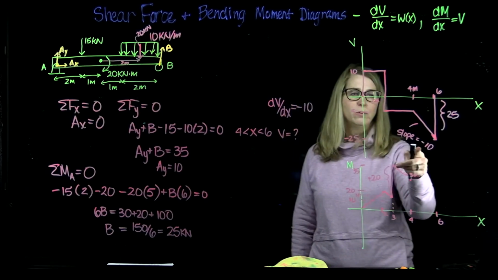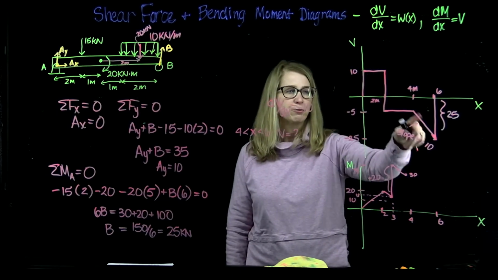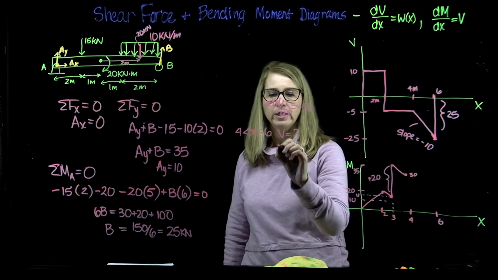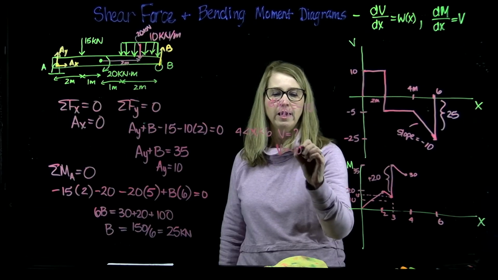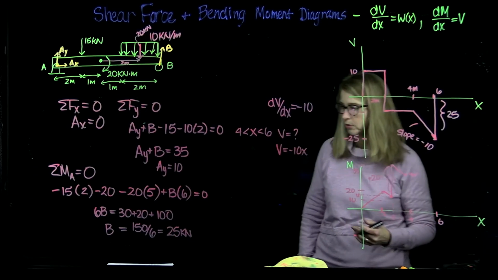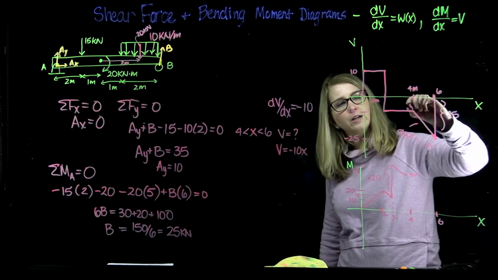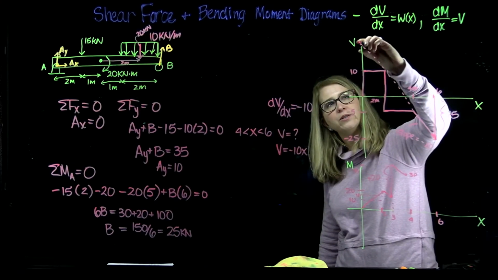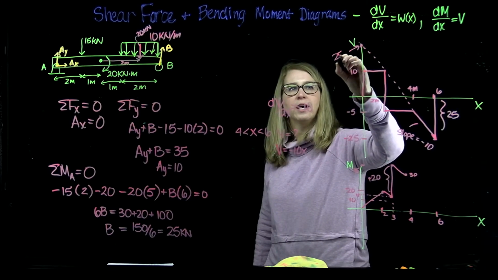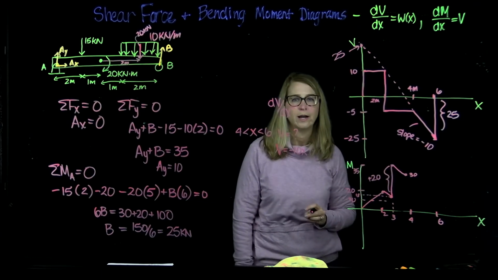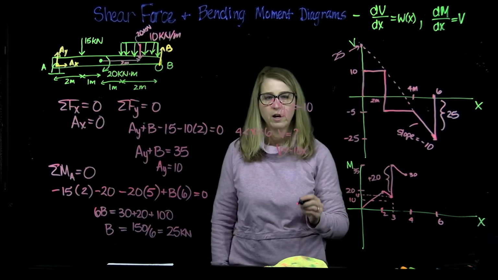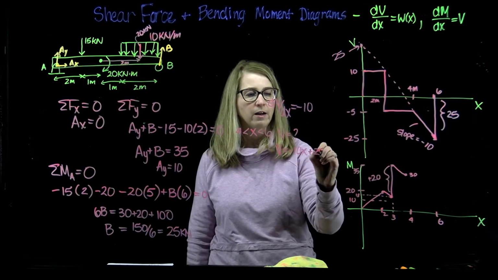So I know that in this region, the shear force has a slope of -10. So it is V equals -10x, but there's got to be some sort of constant, which is the y-intercept. If I trace this all the way back, I want to see where this crosses. And what I found is that it crosses the v-axis where it's equal to 25. So this is plus 25.